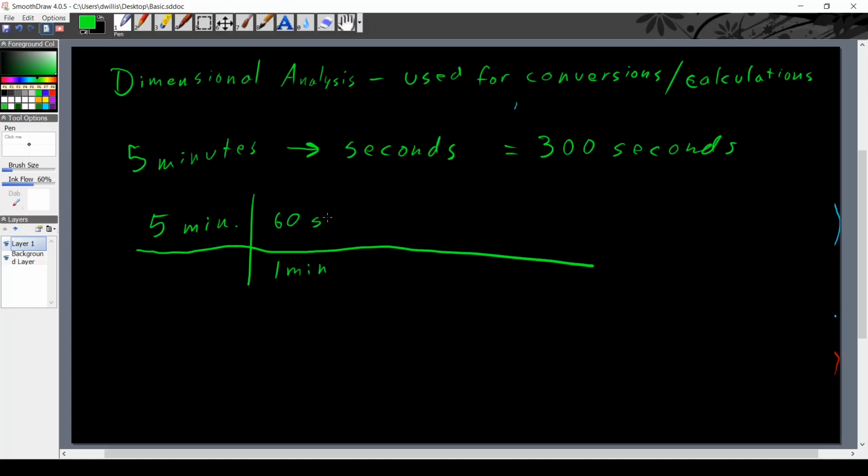Mr. Willis, how do you know whether to put the 1 minute on the bottom or the 60 seconds on the bottom? You always want to put it so that whatever you're trying to get rid of will cancel out. And so I want to set it where my minutes will divide away, and then I'm going to have 5 times 60, and that, of course, is 300. The only remaining unit is seconds, and so that's how that would work with dimensional analysis.